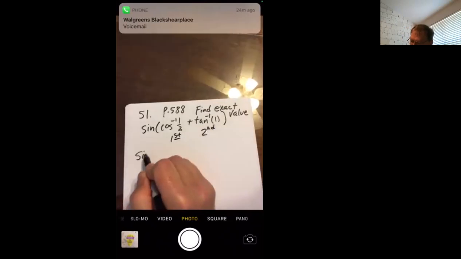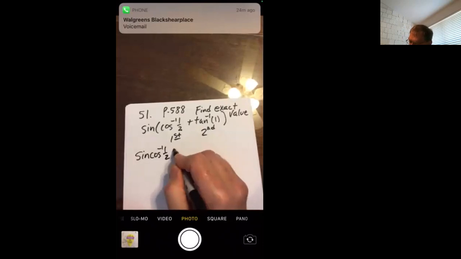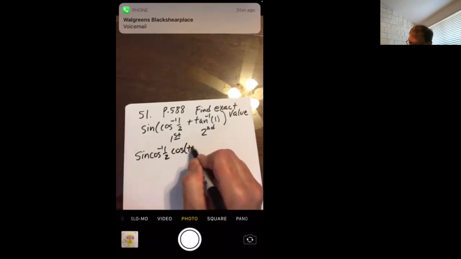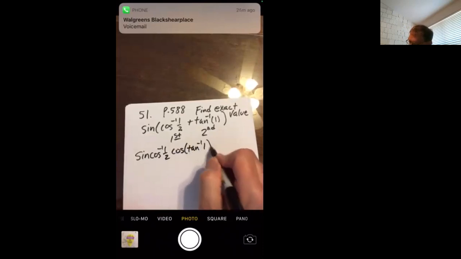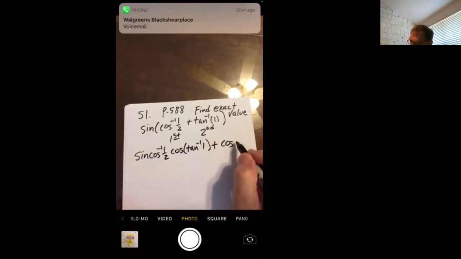So it should go sine of arc cosine of a half, cosine of the second, which is arctangent 1. And same sign in the middle, plus cosine of the first, arc cosine of 1/2.